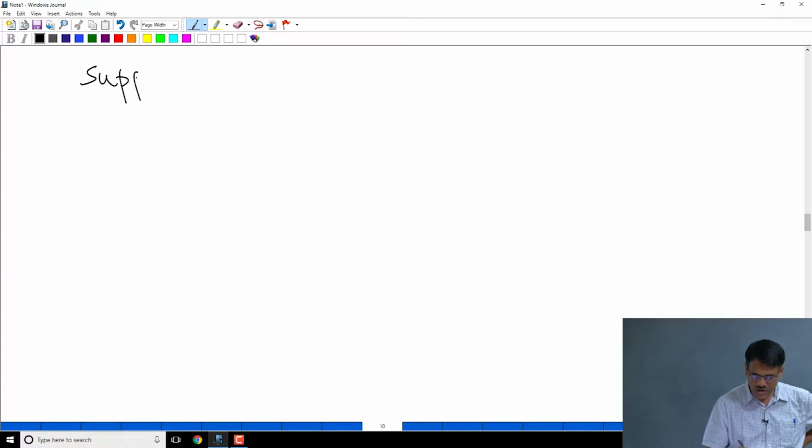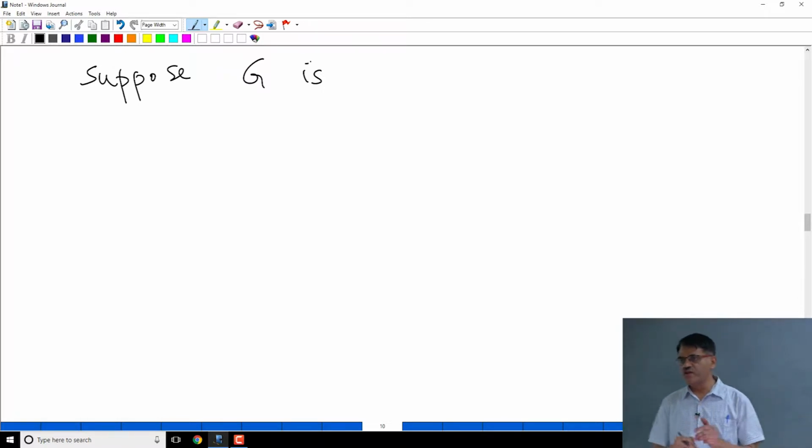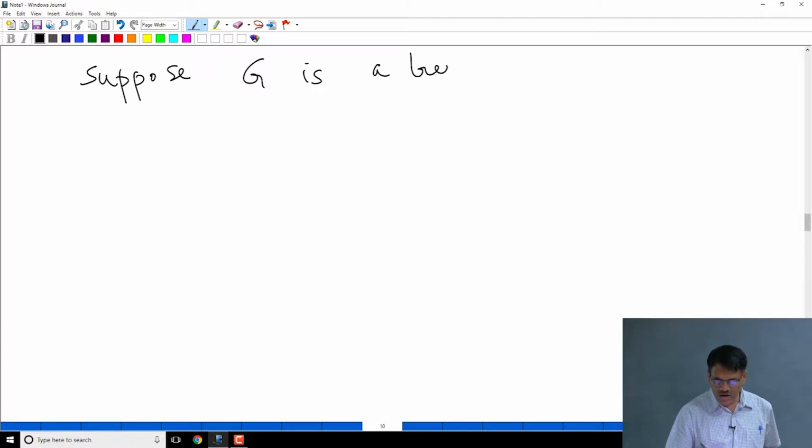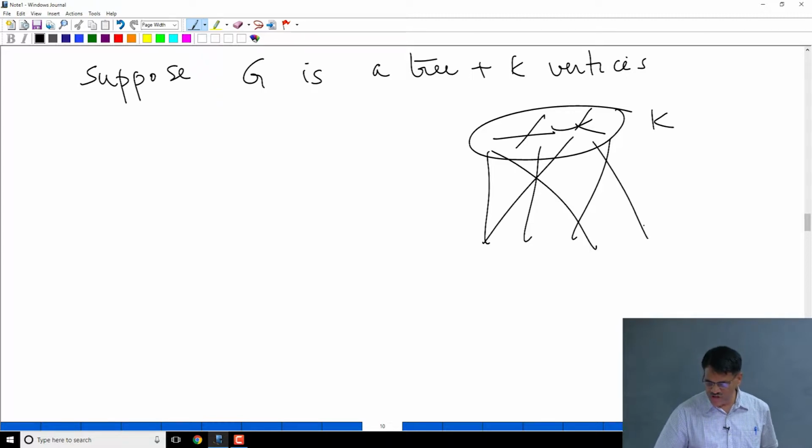Suppose my G is very close to a tree. Okay. If it is a tree, we know how to solve it in polynomial time, right. Just the degree 1 rule itself will take care of it. Suppose G is a tree plus some k vertices, right. So somebody has given me, so my real instance has some k vertices, there may be a lot of edges here, I do not know, but if you delete these k, so again there may be a lot of edges of this type.